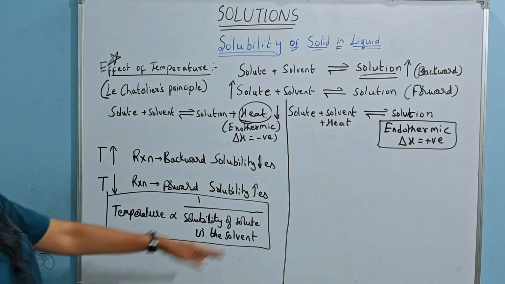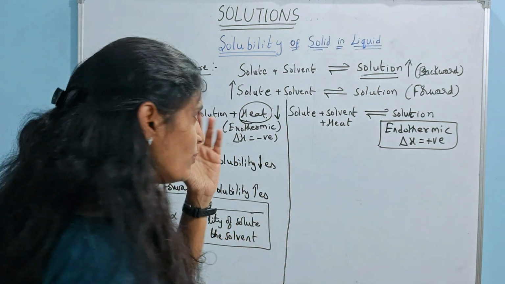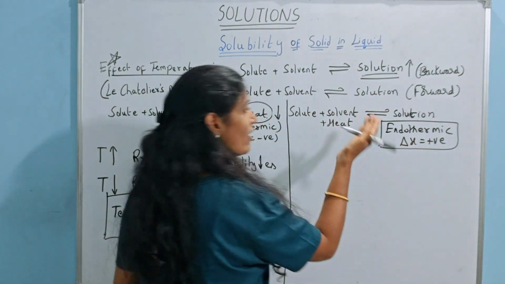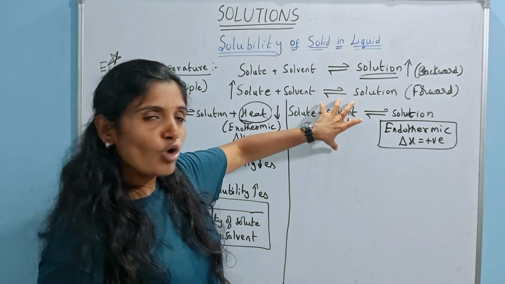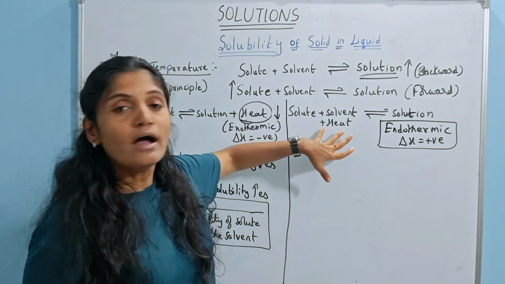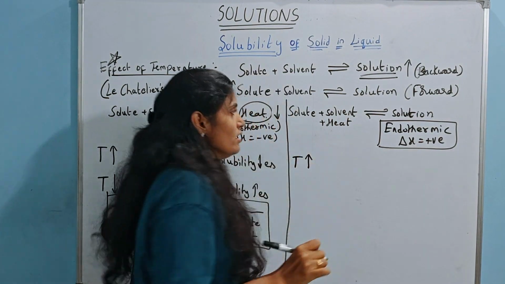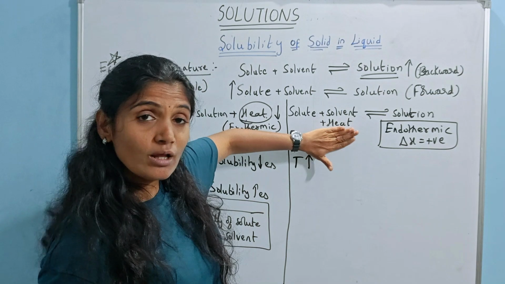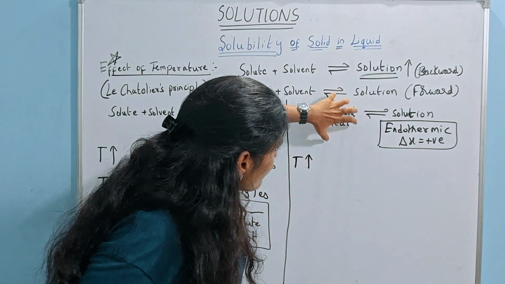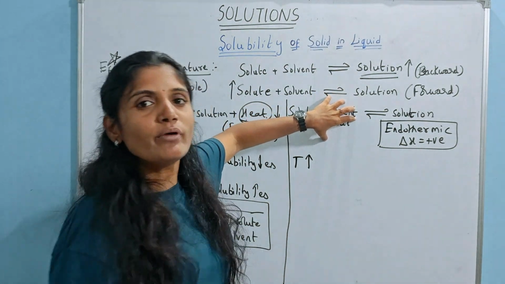Now when I have taught this, I think this part will become very easy for you. Let us do this. Now in this I am supplying heat, so heat is absorbed, so the heat factor I have on my left hand side. Now if I increase the temperature, there is an increase in temperature on the left hand side. It doesn't want any change or increase in temperature here; it wants the existing equilibrium temperature only.